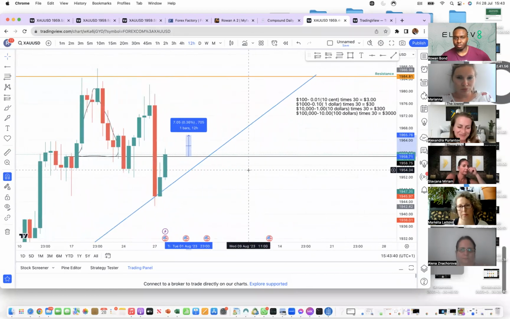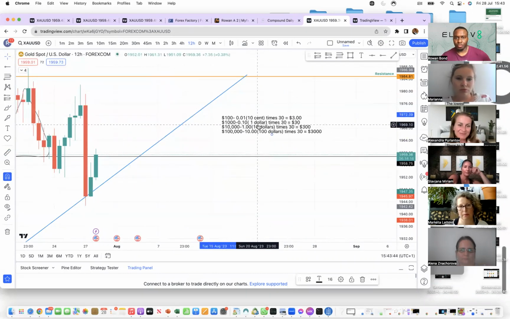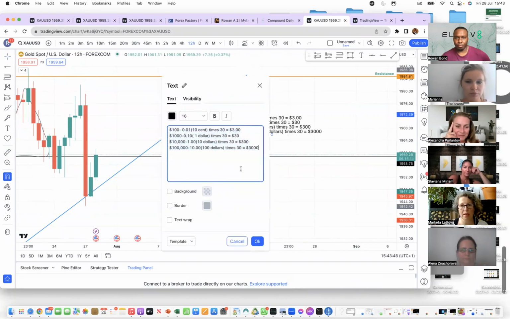So let me give you an example of what 70 pips means in financial terms, in monetary terms. So if you've got a $100 account, 70 pips equals $7.